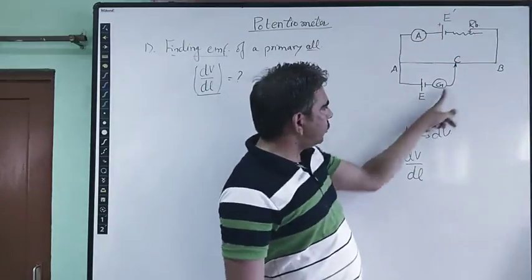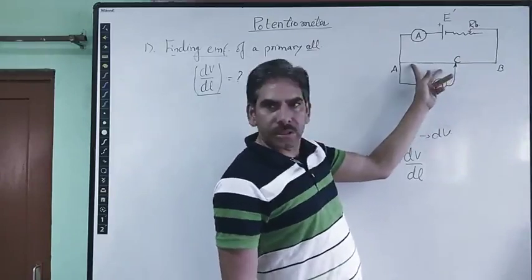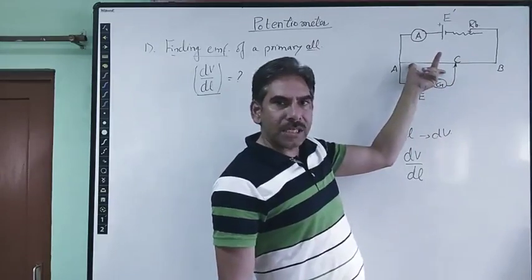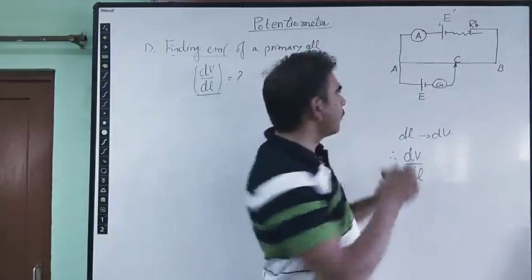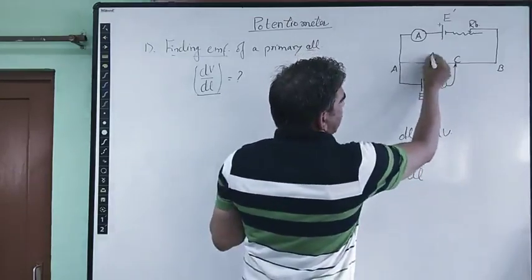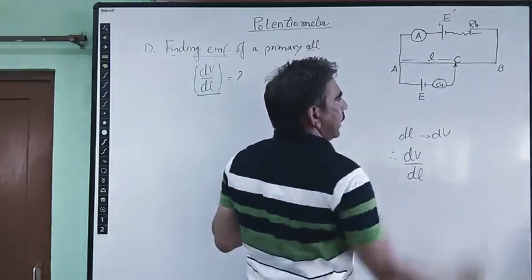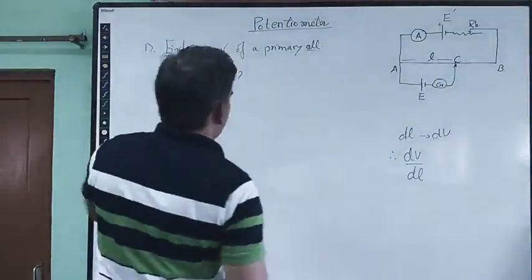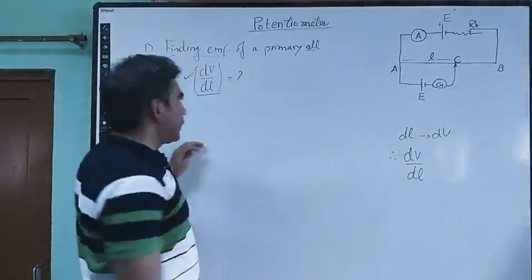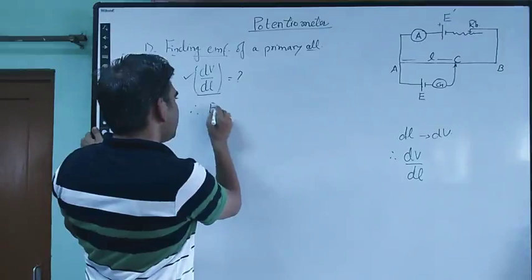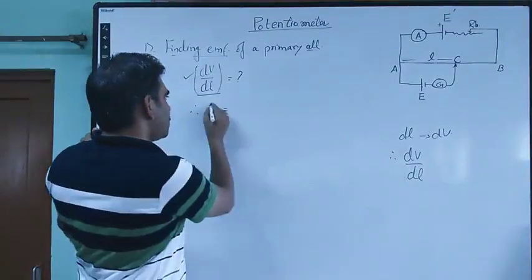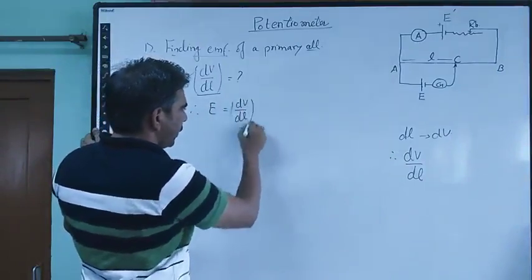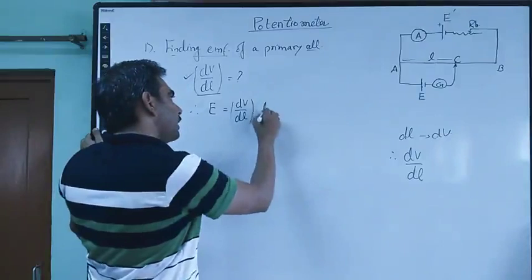So if no current flows through this cell, then the potential drop across this length gives us the value of this EMF. Suppose that this length is L. This is called the balancing length, and this point C is called the balancing point. Because we already know the potential gradient, now we can calculate the EMF of the primary cell, which is nothing but the potential drop across 1 unit length, which is dV upon dL, the potential gradient, multiplied by the length we are getting here.